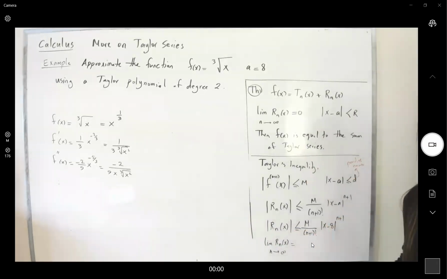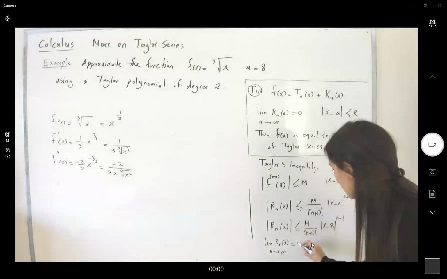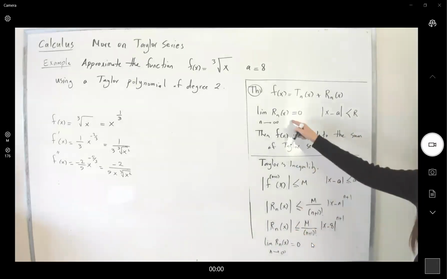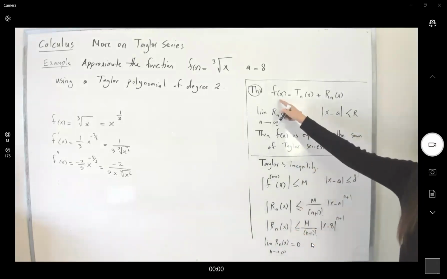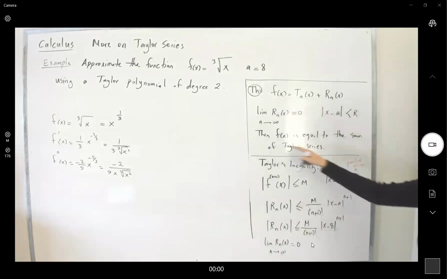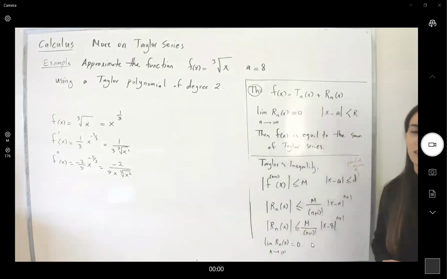Factorial goes to infinity very fast. Since your denominator is already at infinity, you have a quantity divided by infinity, which is 0. So our limit goes to 0. It means that our function is equal to the sum of its Taylor series.